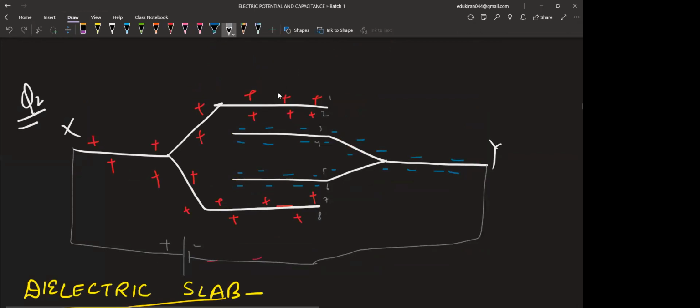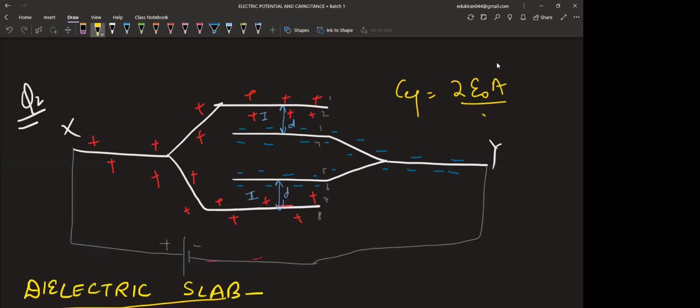Now have a look over here. Positive and negative will make one capacitor, with separation, let's say, T. Now this is negative and negative, so no capacitor will be formed here. Now look here, again positive and negative. This is the second capacitor formed. So directly your C equivalent in this question will be 2 epsilon naught A by T.